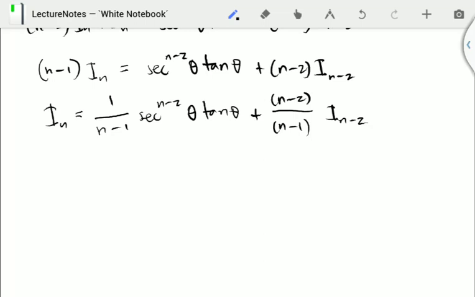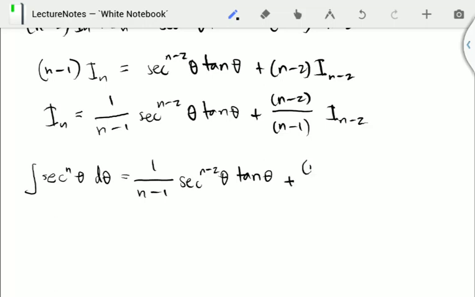So the future values of n, the future integrals of sec to the n, will depend on their former values. Now if you write the original function instead of I_n, the integral of sec to the n theta d theta is equal to 1 over (n-1) of sec^(n-2) theta tan theta, plus (n-2) over (n-1) of the integral of sec^(n-2) theta d theta.